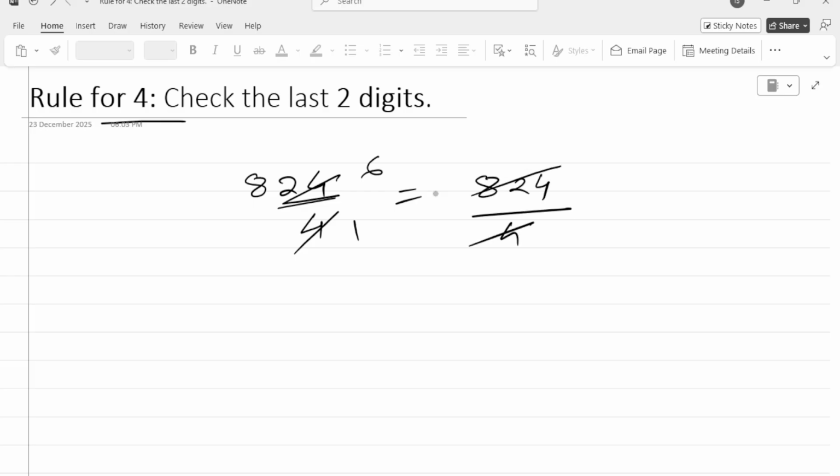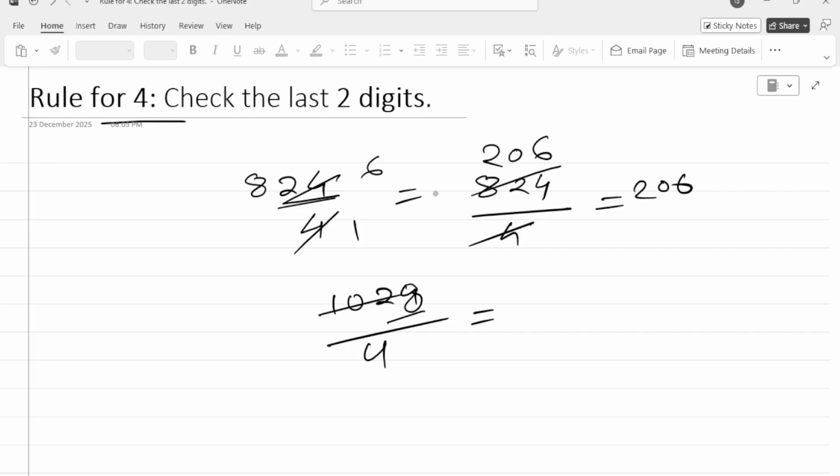For example, 4 times 2 is 8 and 0, and 4 times 6 is 24 and 0. Take another example, like 1028. The last two digits, 28, are 7 times 4, in the table of 4, so the number is completely divisible by 4.